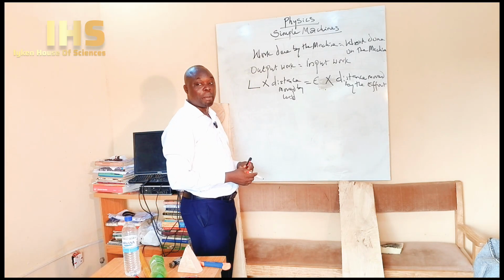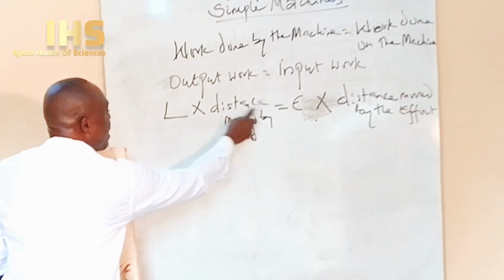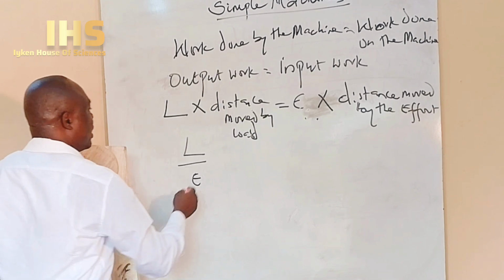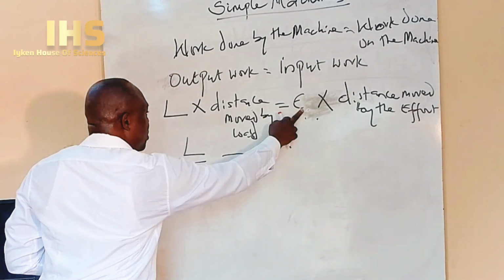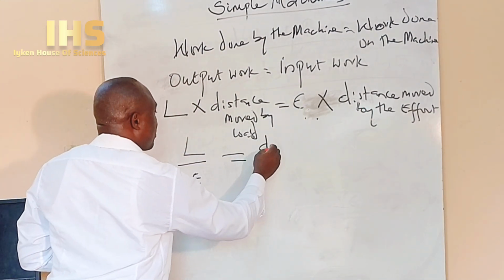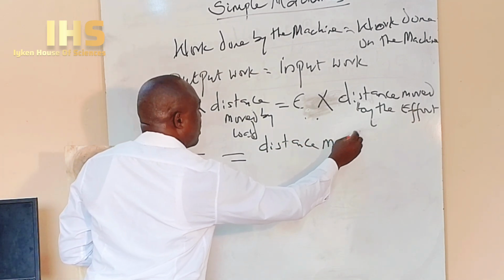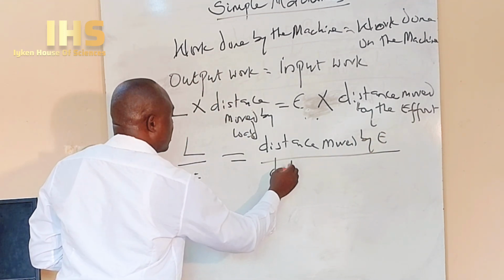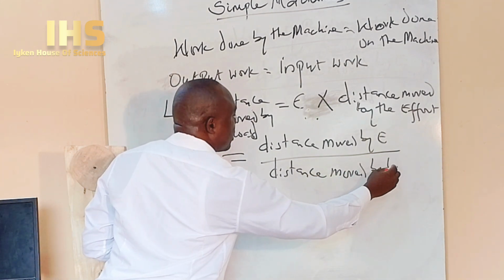By proportion, load over effort is equal to distance moved by the effort over distance moved by the load.